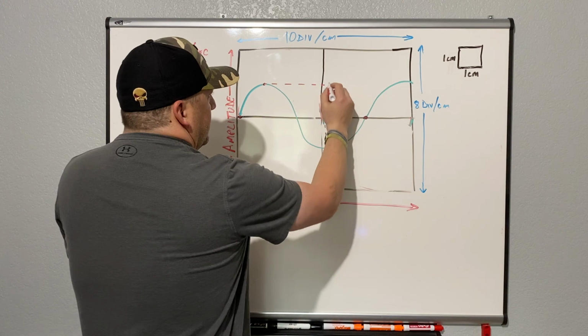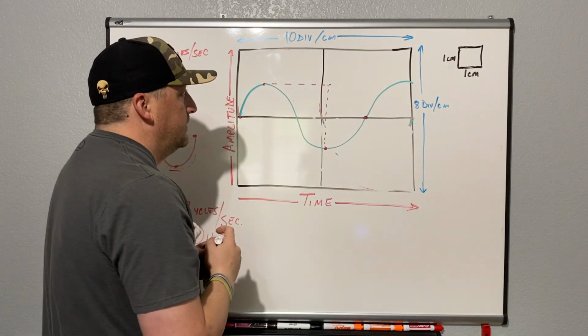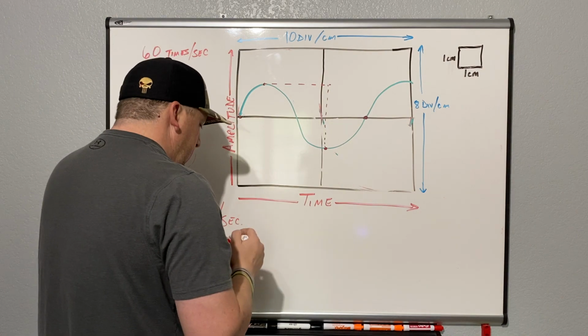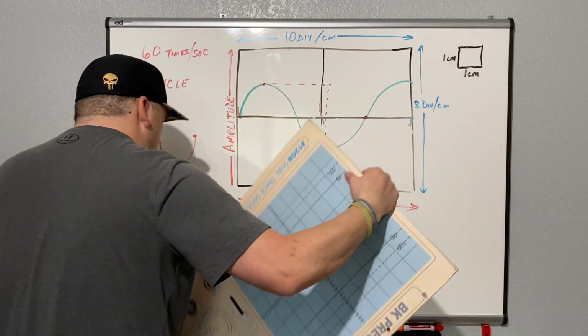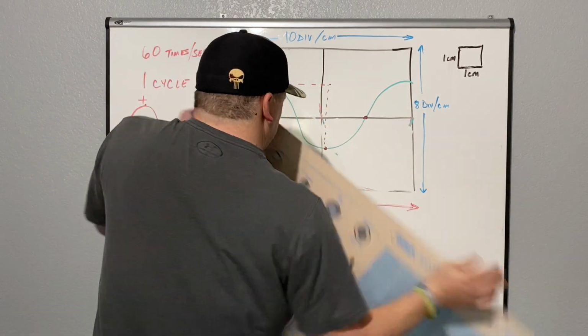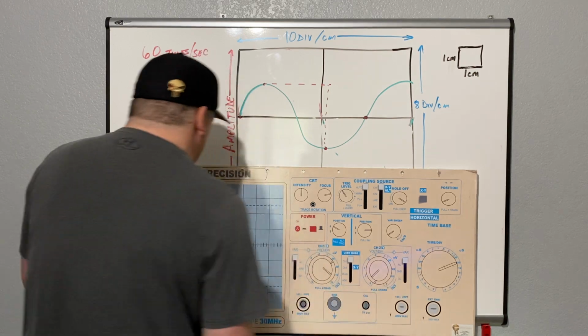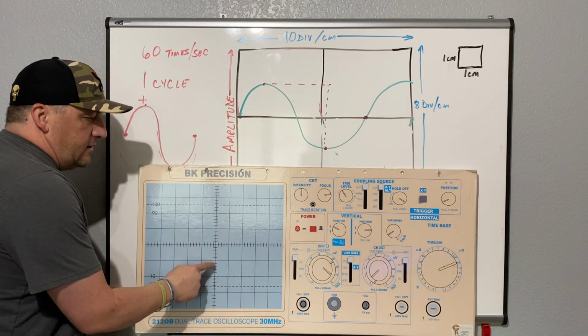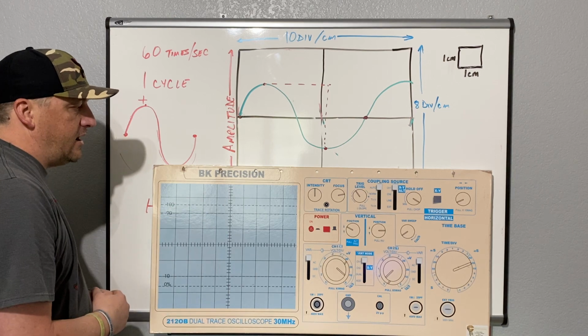Okay? And there is our amplitude right there. Now, in these blocks here, you can see that there are smaller divisions in each one of those blocks.